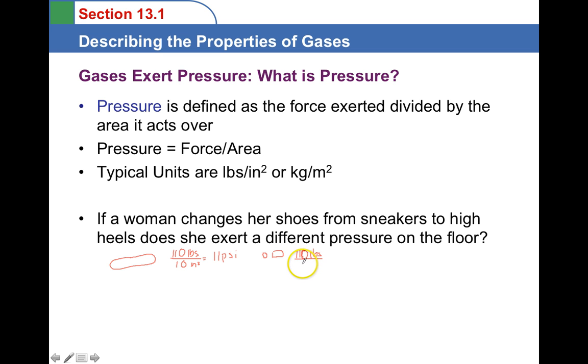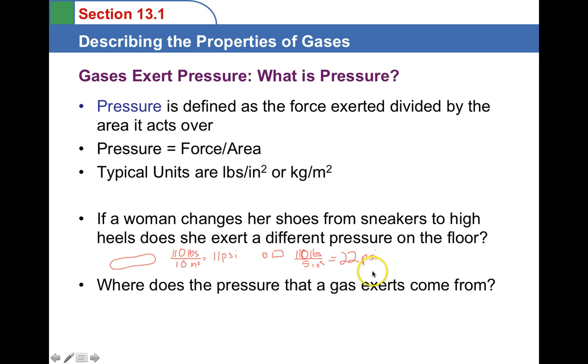If her surface area is reduced by half, half of 10 is 5, and that is going to double the pressure. So it becomes 22 psi. The moral of the story is don't get stepped on by the heel of a high heel shoe, because you've got an immense amount of pressure in that small surface area.